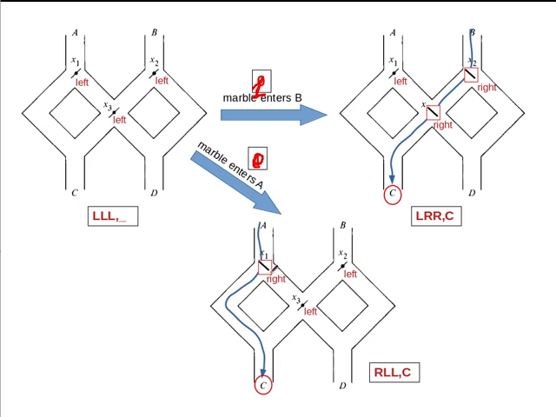So now if you put another marble here, the marble will take this path and then this path and then go this way, and in that process it will switch this lever and it will also switch this lever. That will happen in the next step if you give it input through A.